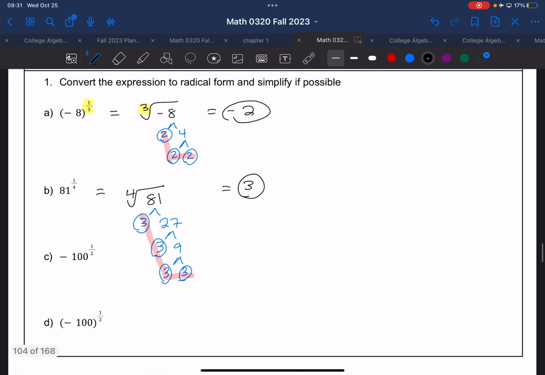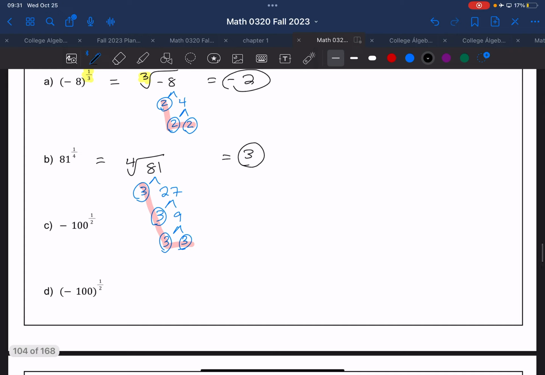What about C? Is that power of 1/2 attached to the 100, or is it attached to the negative 100? Just the 100. How do we know? There are no parentheses. So that means we're just going to convert this part here, and the negative is going to go where? On the outside.